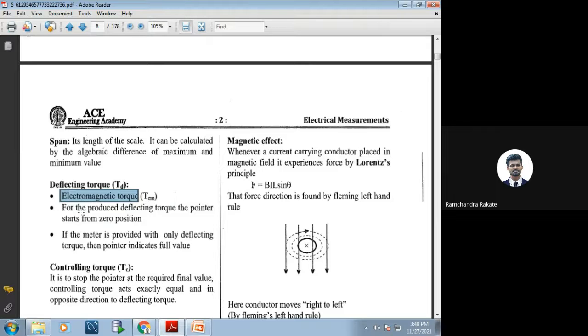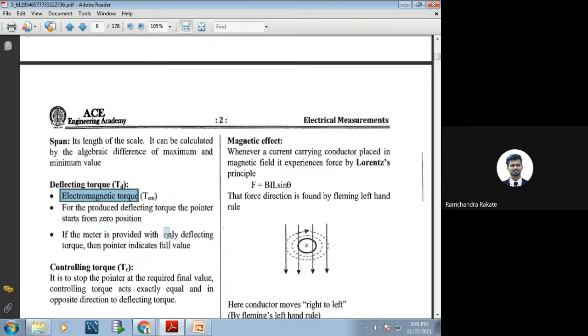I think you are aware of the different types of instruments that work on the electromagnetic effect, that is, the induction ones. Induction instruments involve ammeter, voltmeter, wattmeter, energy meter. These instruments work on AC supply through the electromagnetic induction effect, which produces the deflecting torque in most indicating instruments.